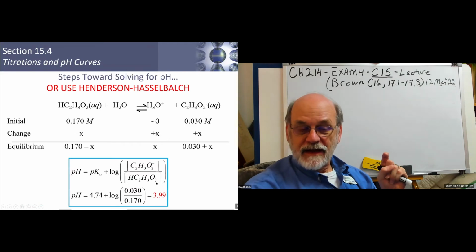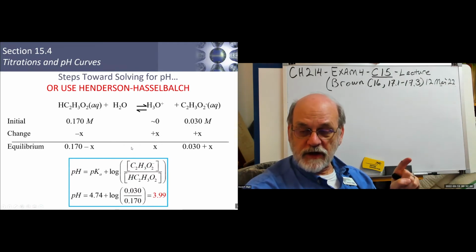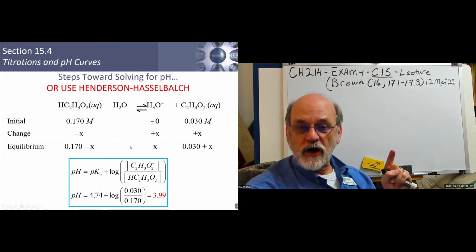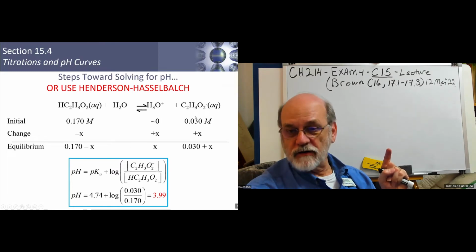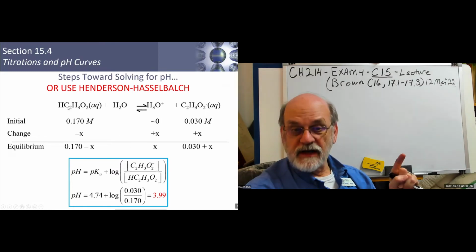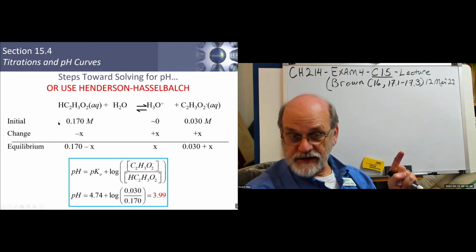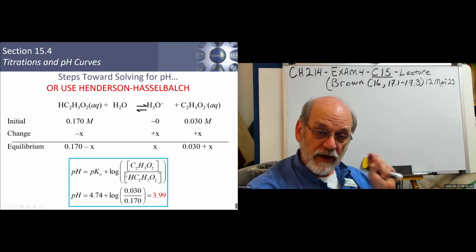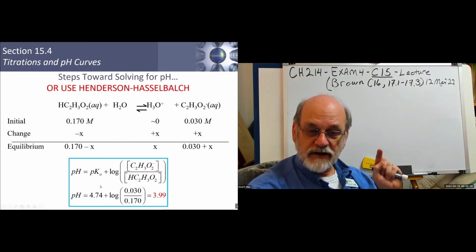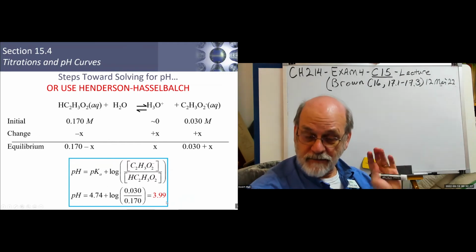But if we let the stoichiometry go, and then we know now that the concentration of acetate ions is this, the conjugate base is this, the acid is that. We can plug those numbers into our Henderson-Hasselbalch equation and do the calculation and get the same value.